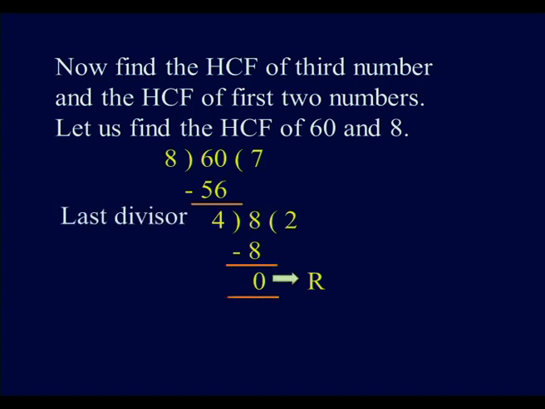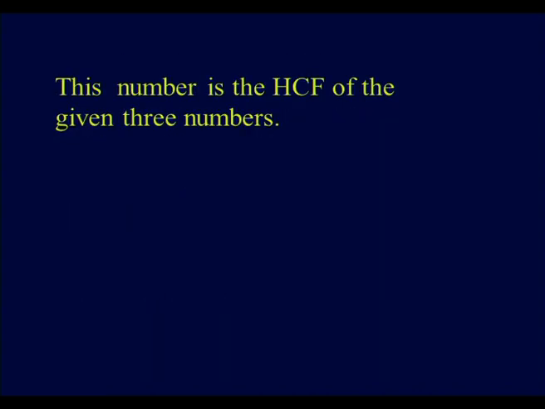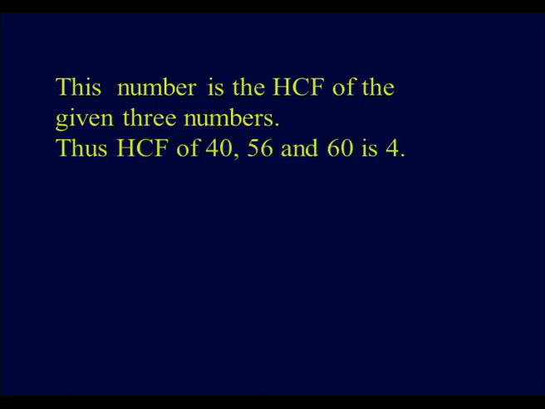The last divisor here is 4. So, we can say that the HCF of 8 and 60 is 4. Further, this number is the HCF of the given 3 numbers, that is, the HCF of 40, 56 and 60 is 4.